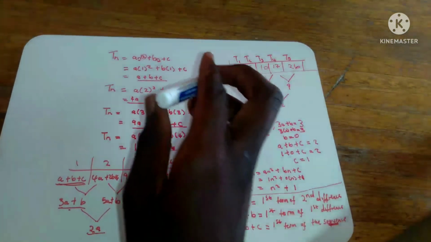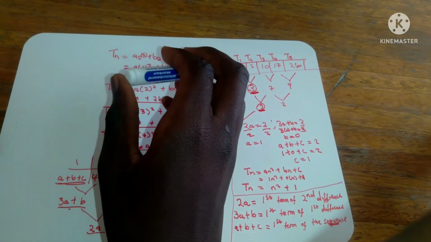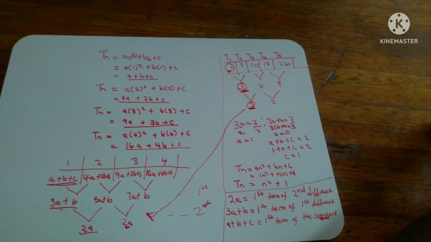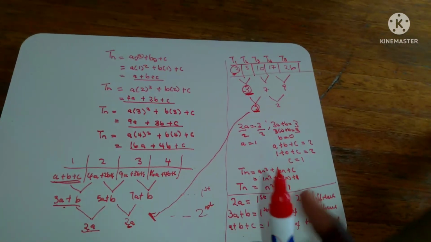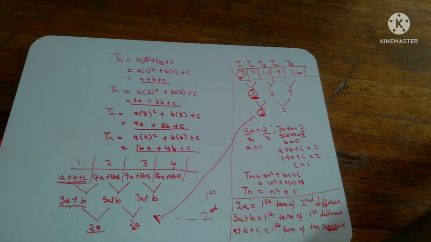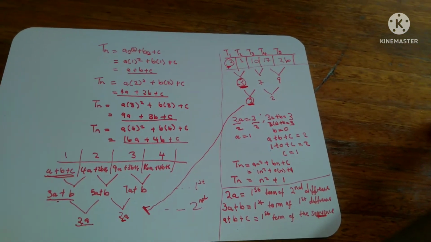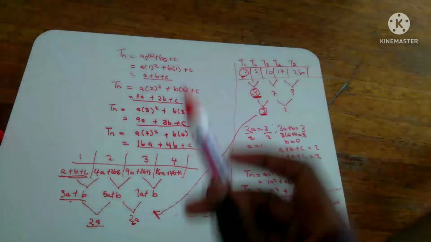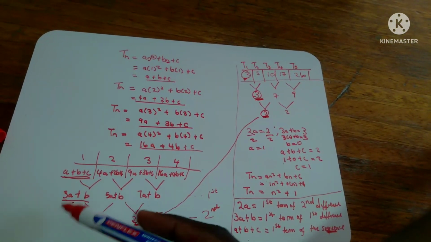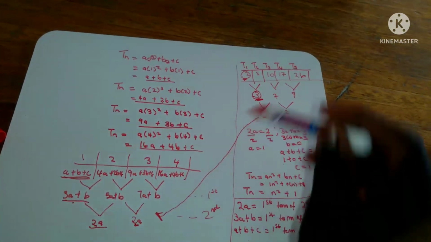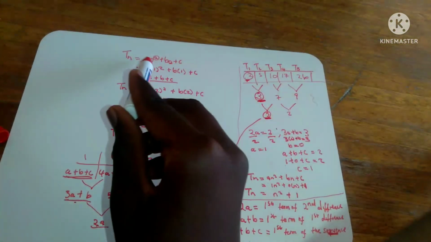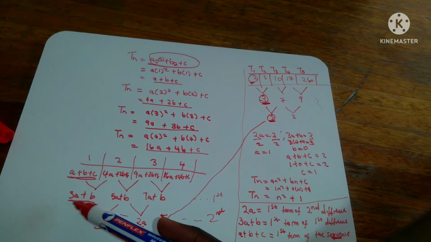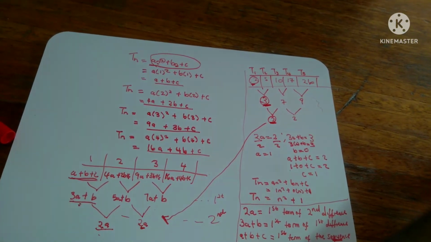So any number you will get here will be equal to a plus b plus c when you are finalizing or when you are getting the general formula to calculate whatever pattern that may be. So this is generalizing. We generalized here so that you can get the values that help us to get any pattern. So we just broke down this formula into these singular components, so that it can be a bit easier.